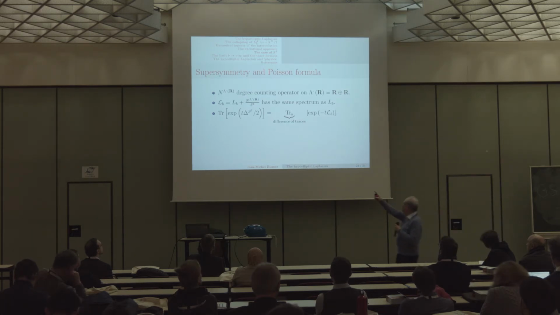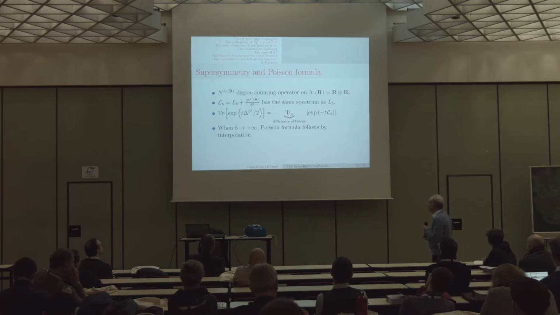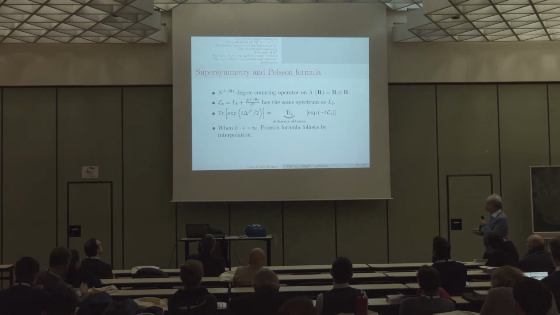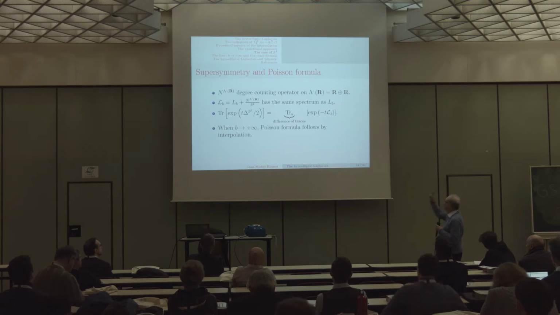So you see there is this fantastic quantity which is preserved, which is the trace of the original heat kernel. So by making b tend to infinity in this context, because the right-hand side in some sense resembles more and more the geodesic flow, you recover the so-called Poisson formula for the heat kernel by an interpolation argument, by the interpolation between the original heat kernel and the geodesic flow.